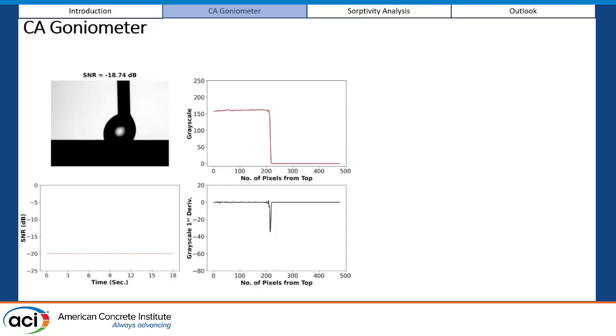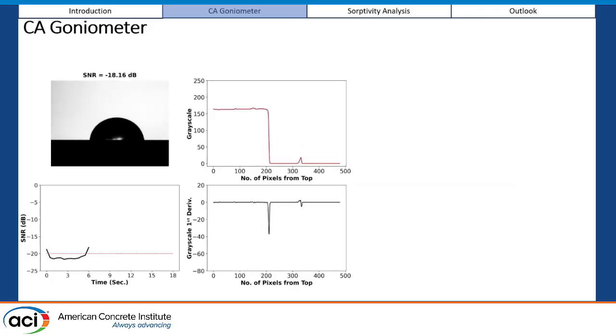Something else I noticed was that when I dispense a droplet on the surface of concrete, it spreads on the surface. So what happens when the droplet spreads on the surface of concrete? The focal distance of the droplet changes. That means the droplet becomes more unfocused.